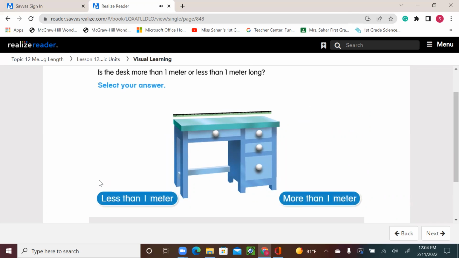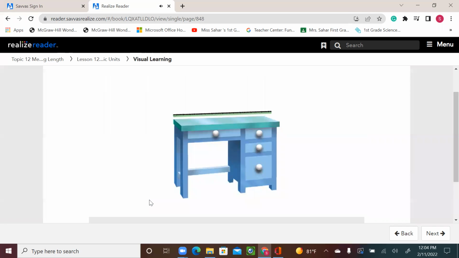Select your answer. We agree that 1 meter equals 100 centimeters. So if it's 91 centimeters, that means it's less than 1 meter because it's less than 100 centimeters. It is less than 1 meter long because the meter stick is over the end. The desk is about 1 meter long.